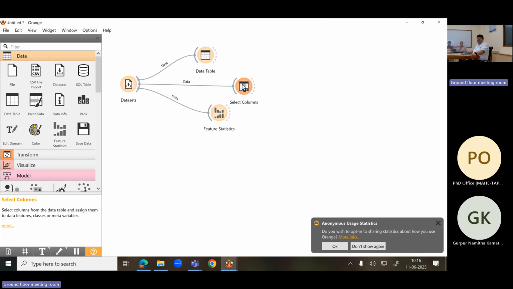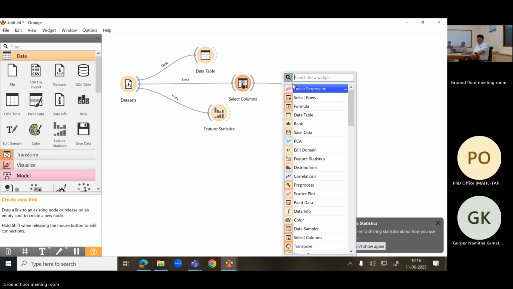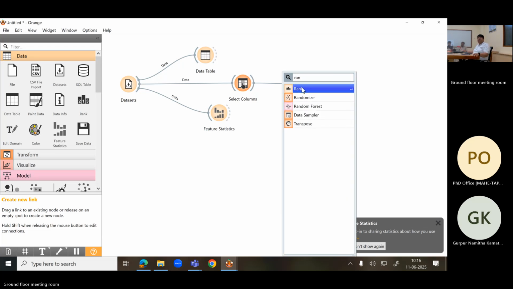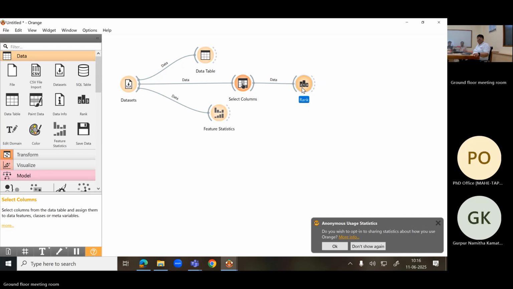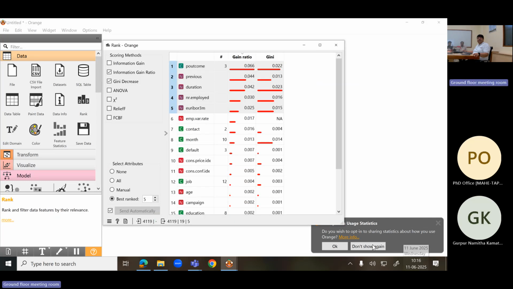So how do I do that? I simply go to rank. Under this rank method, you can see that it uses a different scheme now. Earlier in regression, we didn't have so many methods of scoring.